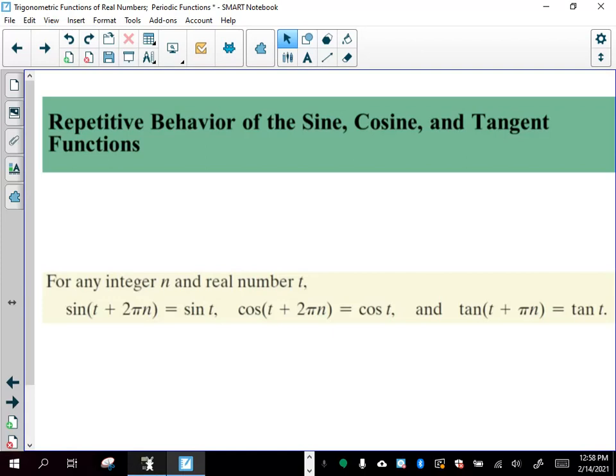If you're looking at how this is written, notice that the 2 pi here for your sine and cosine is what one period would look like. And tangent is the same thing, because they just repeat over and over and over again.